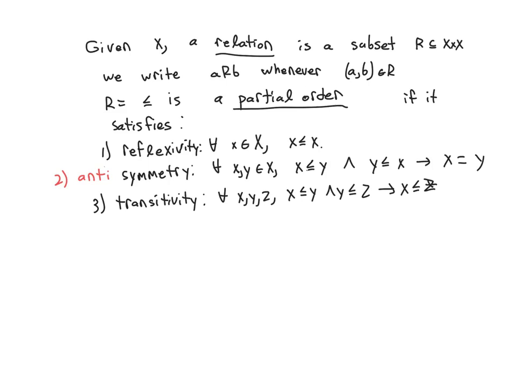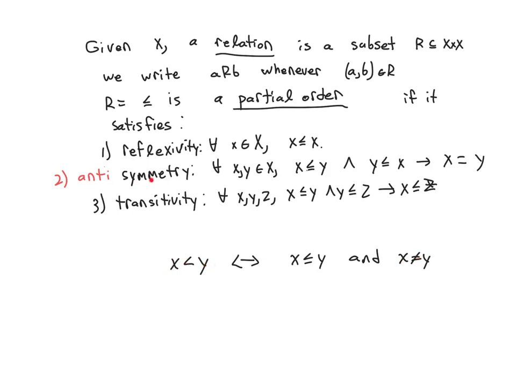As you can guess, we define X is less than Y to mean that X is less than or equal to Y, but they're not the same point. So the point is, if you restrict your attention to this relation, the strictly less than relation, it is irreflexive. Nothing is strictly less than itself.